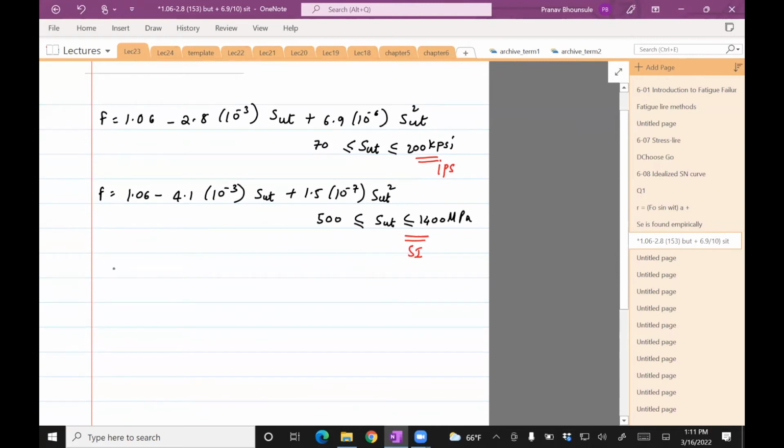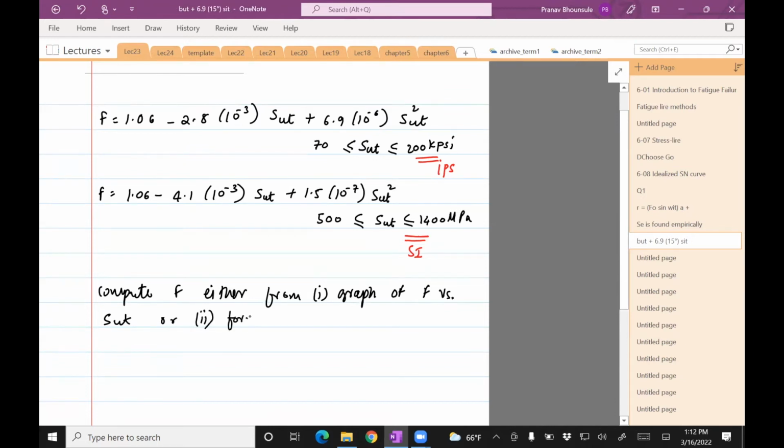So as I said, compute F either from the graph of F versus SUT or from the two formulas given above.